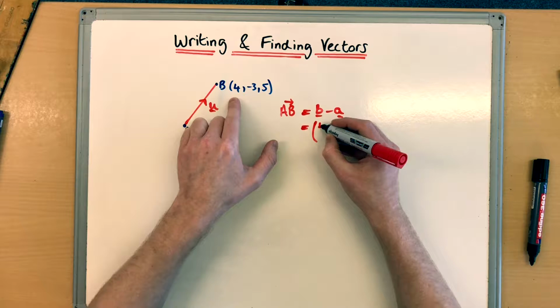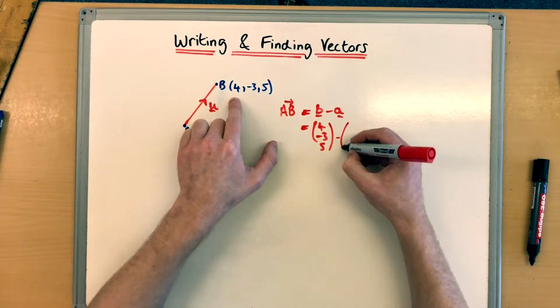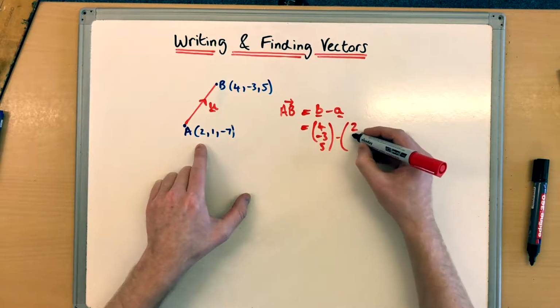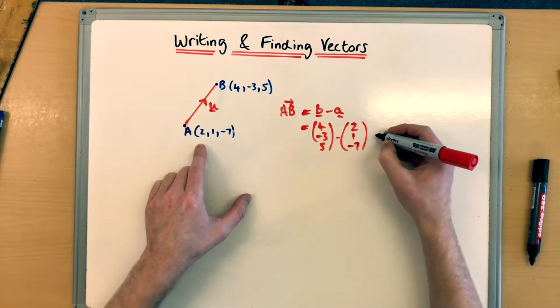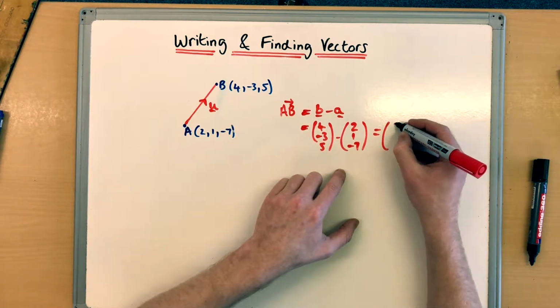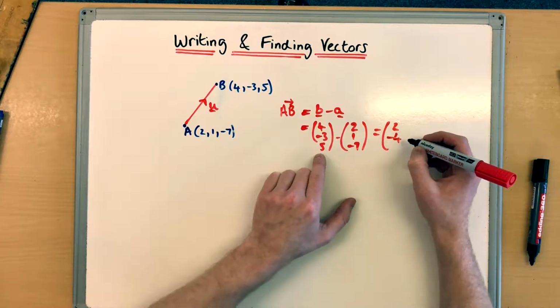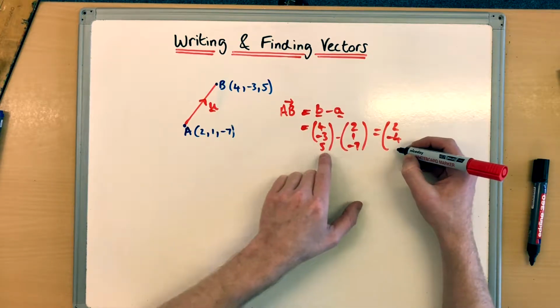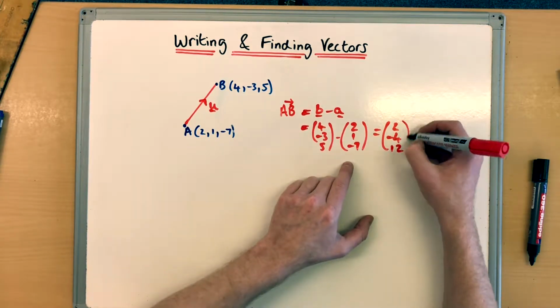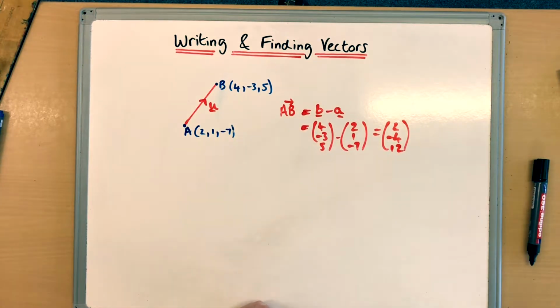So 4, minus 3, 5, and we're going to take away 2, 1, minus 7. Just like with straight lines, be careful of double negatives here. 4 take away 2 is 2, minus 3 take away 1 is minus 4, and 5 take away minus 7, well that's 5 plus 7 is 12. So AB is the vector 2, minus 4, 12.